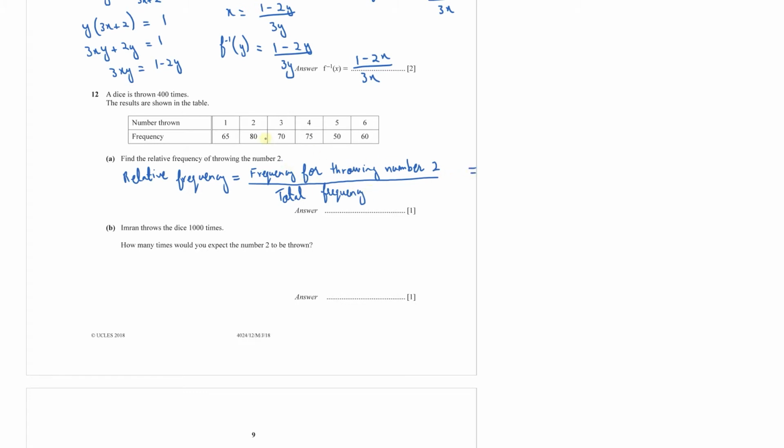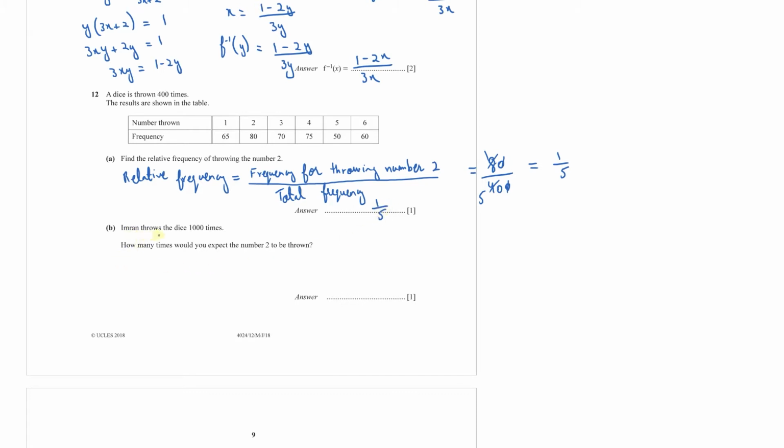So the frequency for throwing number 2 is 80, and you threw the dice 400 times. So this is the fractional proportion, or the relative frequency, of getting the number 2. So 80 over 400, you can simplify it further, and 8 times 1 and 8 times 5 is 40, so 1 over 5.